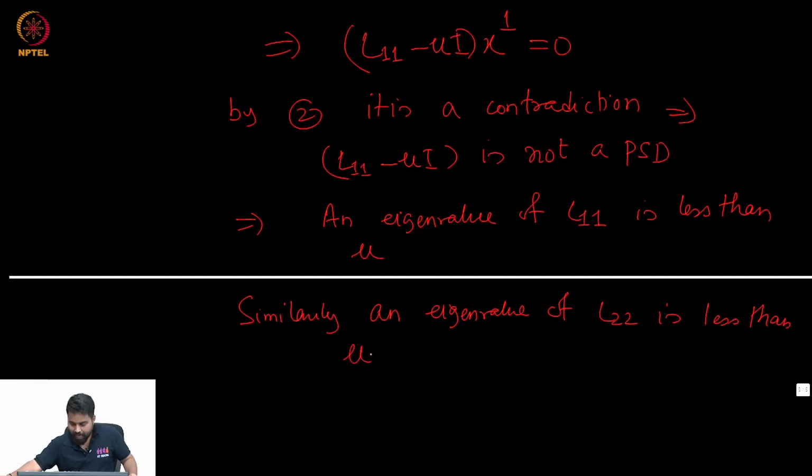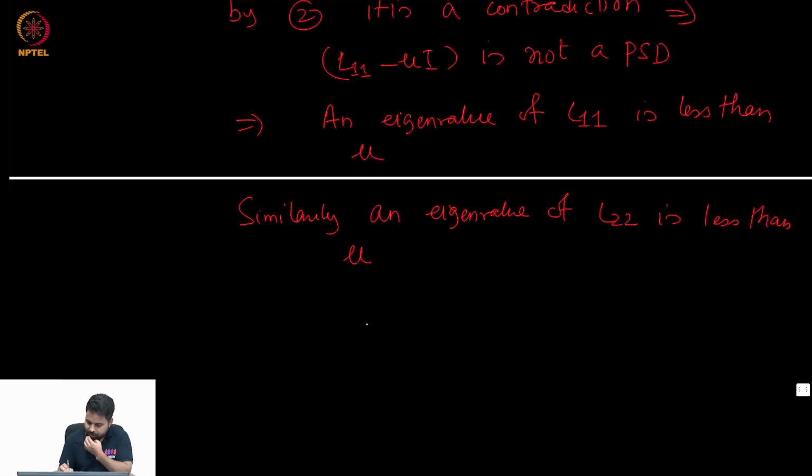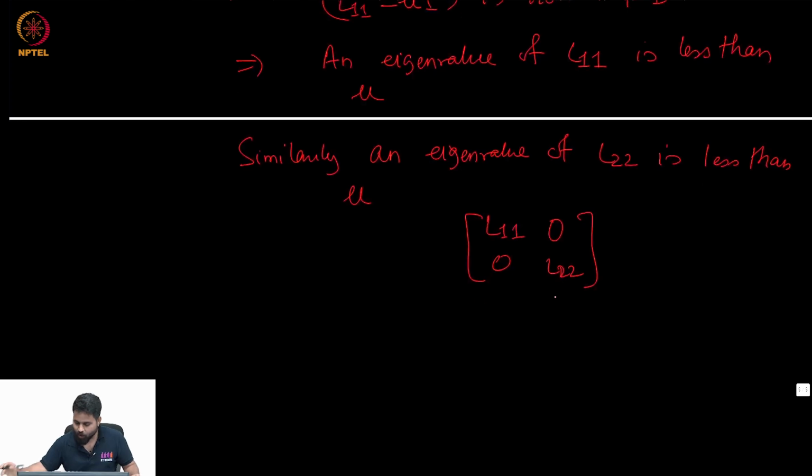So that means what? If you talk about the matrix L11, 0, 0, remember this is a principal submatrix of the bigger L. So there will be a second smallest eigenvalue. Suppose the second smallest eigenvalue of this matrix is mu dash.